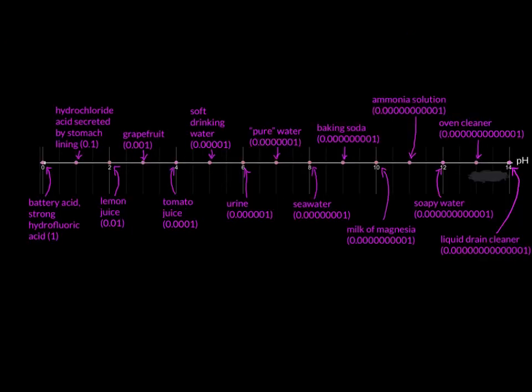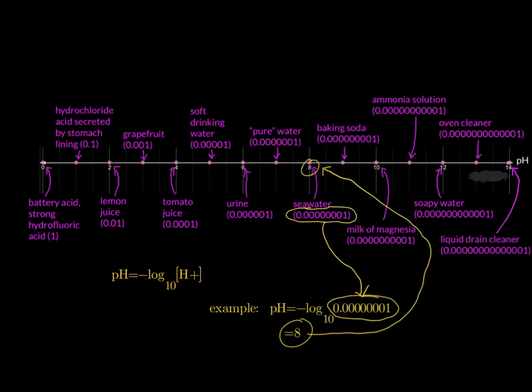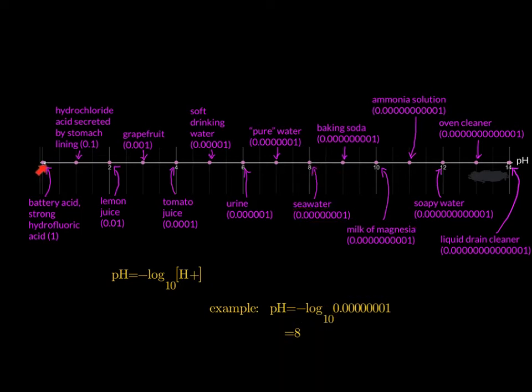Now whoever developed the pH system also provided an equation so you can easily convert, but these numbers are much nicer here. So once you convert using this equation and find the pH instead of just finding the ion concentration, now look at this graph. You've got your battery acid. Notice that the stronger stuff is to the left and the weaker stuff is to the right, and that's because we're doing the negative log.